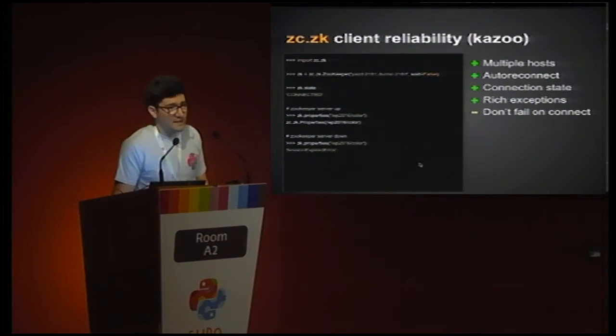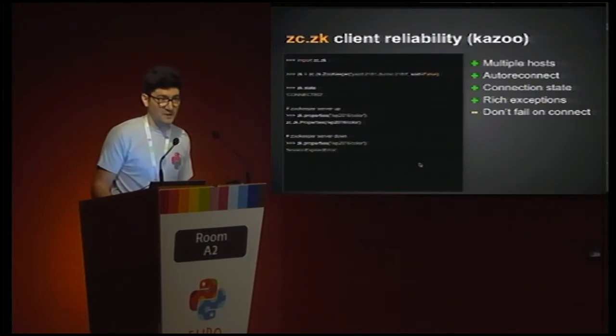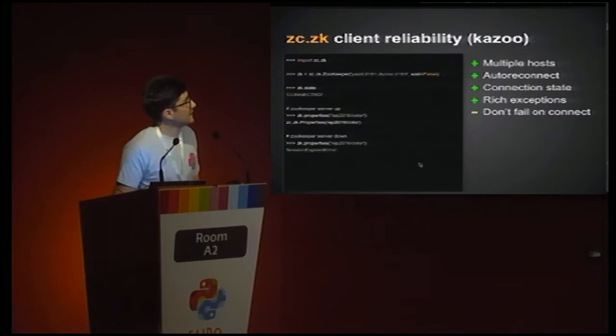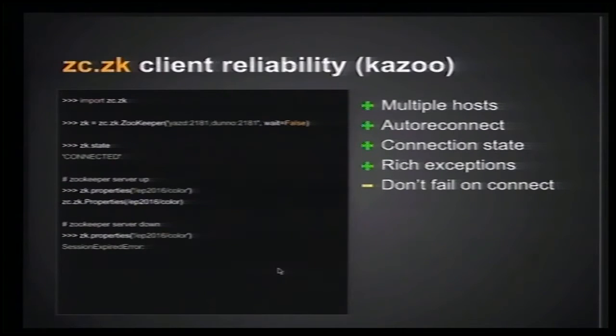When you want to connect to a Zookeeper cluster, you can specify multiple hosts, which is pretty cool. It has an auto-reconnect feature. You can query about the connection state. You will get connected or disconnected and stuff like that, so you can have your code handle this gracefully. And it has rich exceptions if something wrong happens.